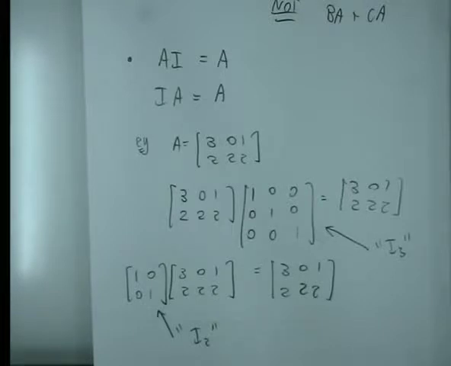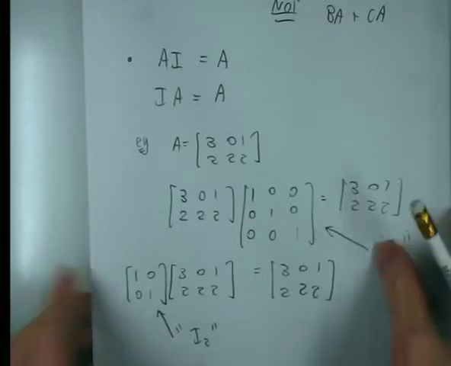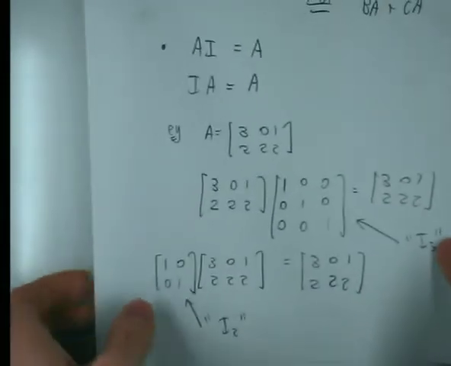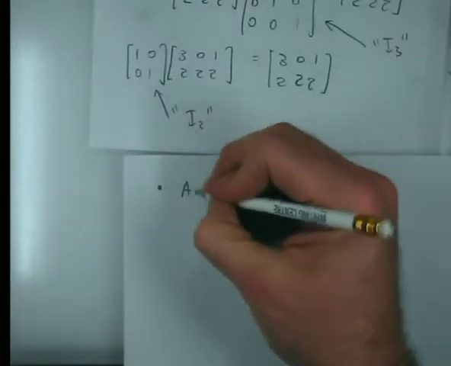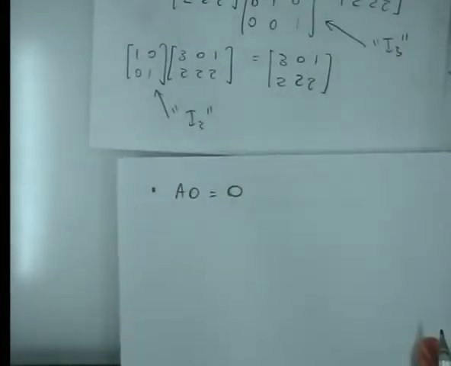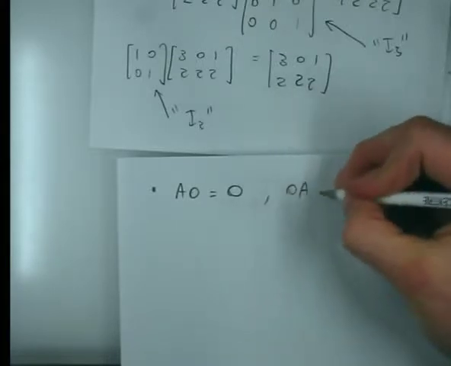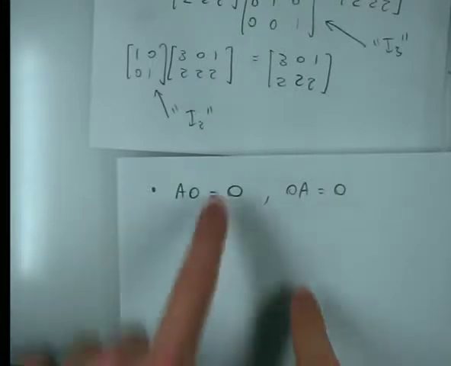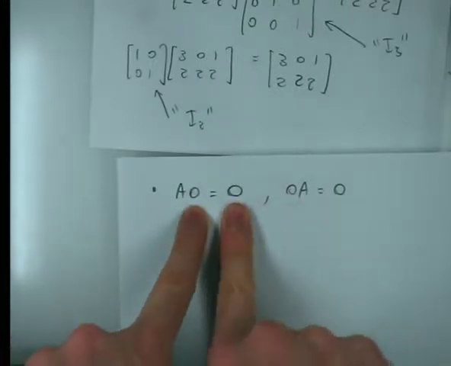We can do powers. Oh, I suppose while I'm at it before I do powers, A times O is O. But I should point out that this O and this O might be different sizes.